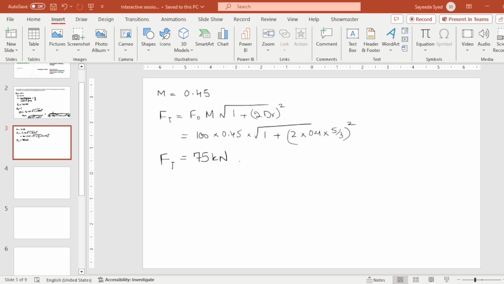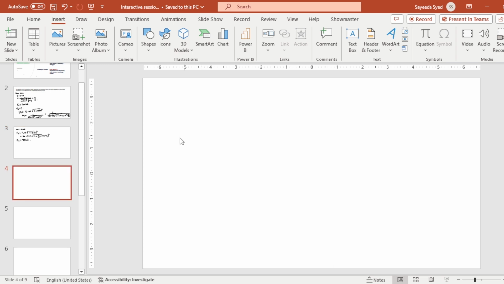The next question, so this was a pretty simple question. In the next question, we will be talking about a cyclic plate load test.